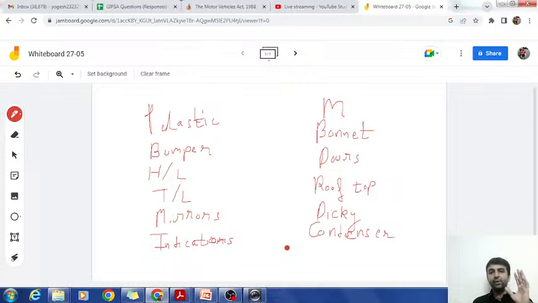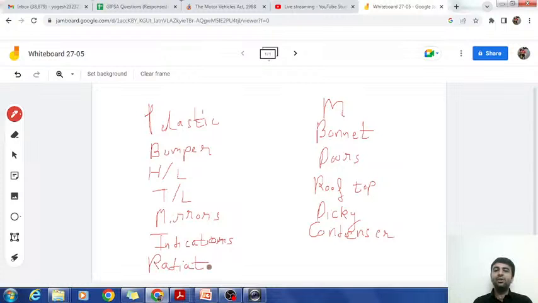Now there is a big confusion with the radiator. In practical working also, sometimes we take it as plastic, sometimes we take it as metal. So I can only hope this question is not asked in the exam. If the examiner is asking, he knows that there is a confusion in the market, so he will write plastic radiator or metal radiator. If nothing is written, what to do? I suggest you take it as plastic.